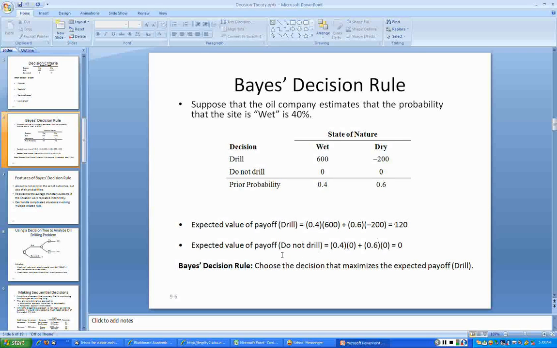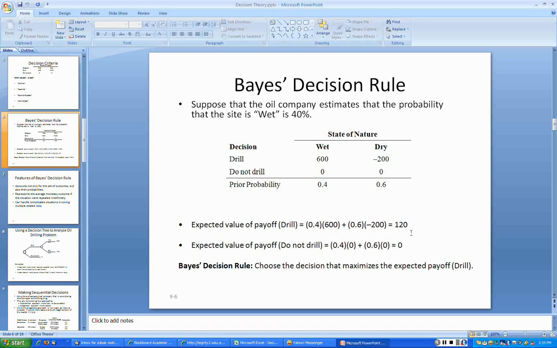The expected value of not drilling at all is 0.4 times 0 plus 0.6 times 0, which is nothing but 0. So between the two, we go with the highest expected value because it's profit maximization. If it is cost or time, then we go for the lowest number because that is what is better for you.